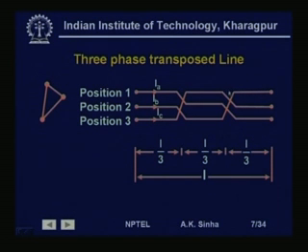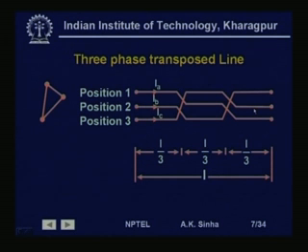And similarly, for the next 1/3 length of the line, that is the last 1/3 length of the line, the phase A conductor now moves to position 3, phase B conductor moves to position 1, and phase C conductor moves to position 2.